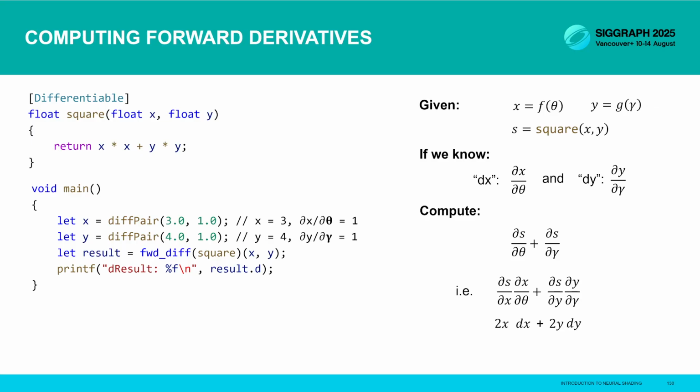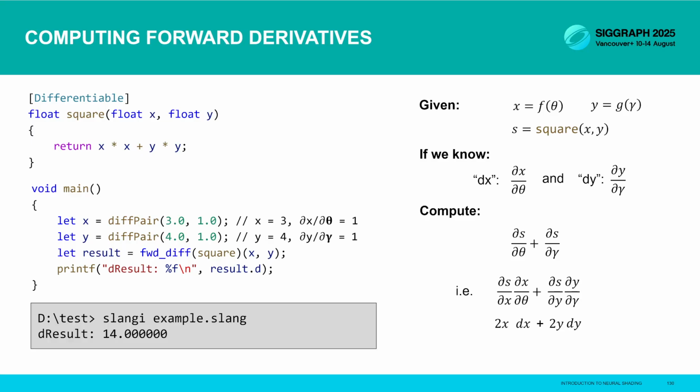You can view the forward diff as a higher order function that takes square as input and returns the forward gradient propagation function for square as output. The forward gradient function can then be called with the pairs we just constructed, allowing both the primal and the gradient value to flow through the function. If we run this code, we will get 14 because when we plug in x equals 3, y equals 4, and dx, dy equal to 1 here, we will get 14.